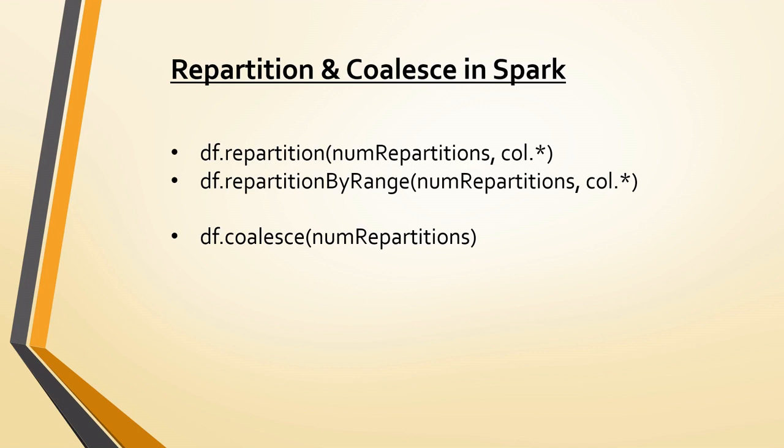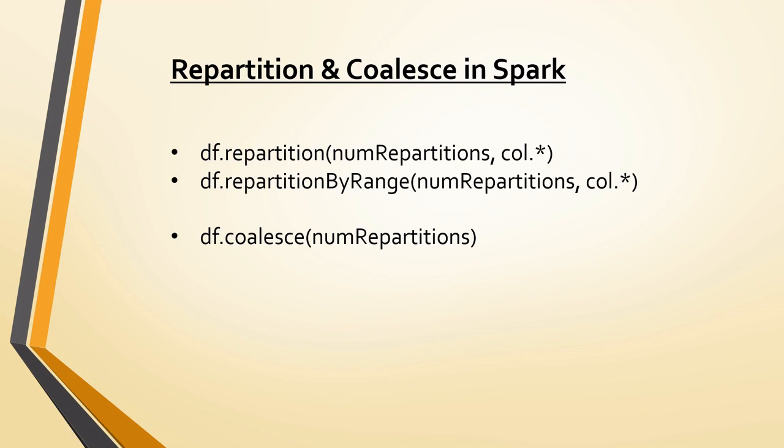So now we have two functions here, right? One is repartition and the other is repartitionByRange. Both are the same except for one functionality. The first function, repartition, uses hash based partitioning when it is partitioning the data.